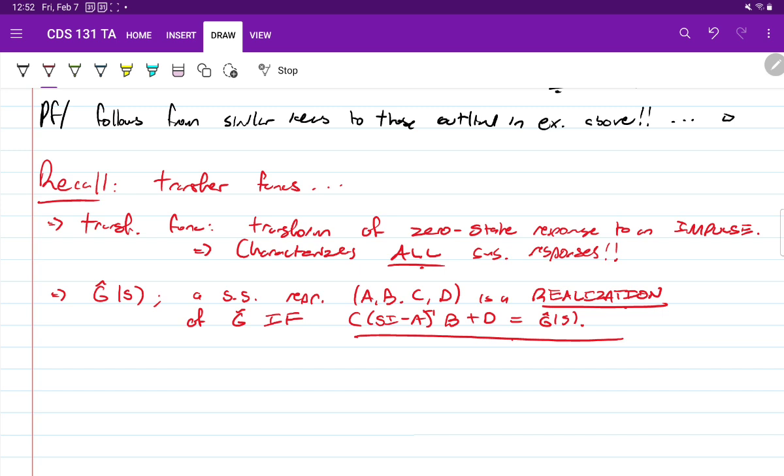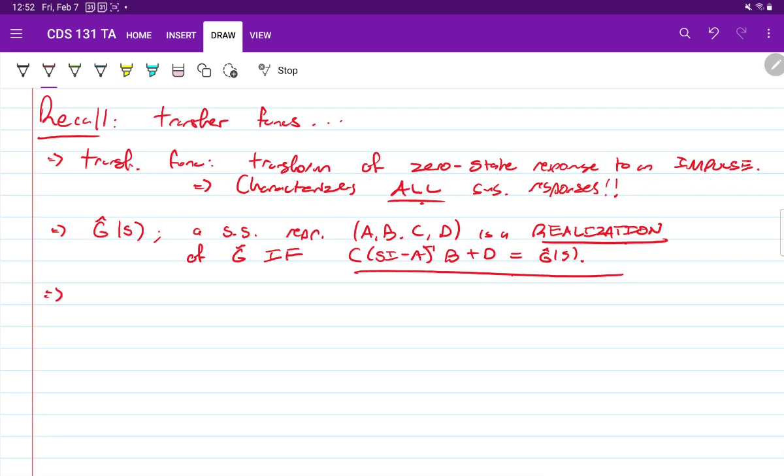Okay? So remember, this is the state space to transfer function characterization, right? C(sI - A)^-1 B + D is equal to the transfer function corresponding to the system. So if the transfer function of the state space system gives us g hat of s, then the state space representation is a realization of the transfer function.